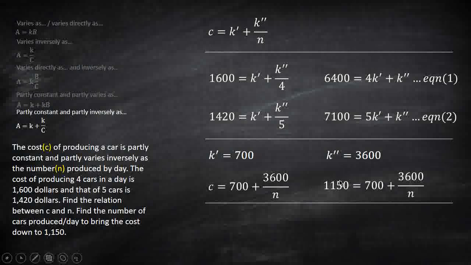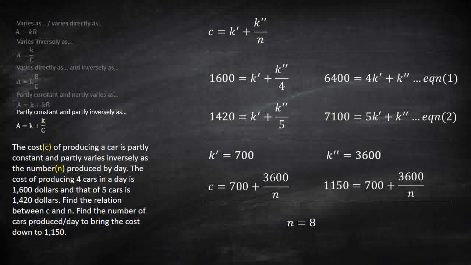Cross multiplying, 450 times n is equal to 3,600. Dividing both sides by 450, we get n equal to 8.